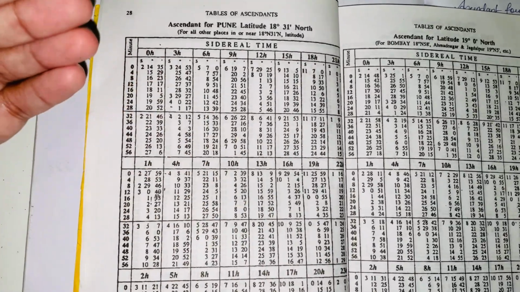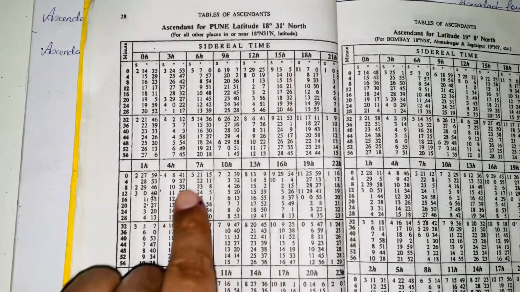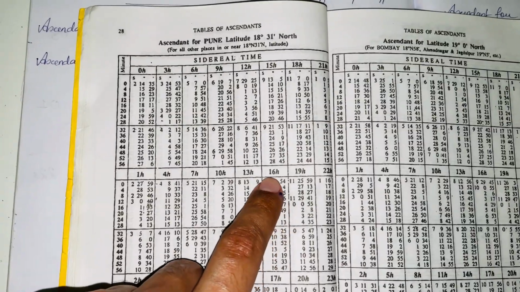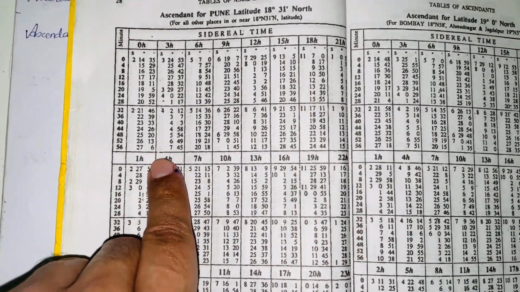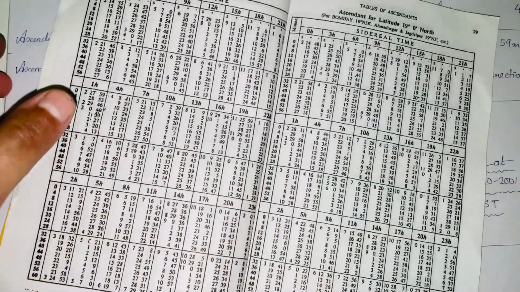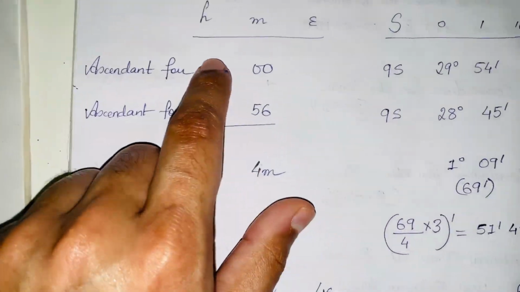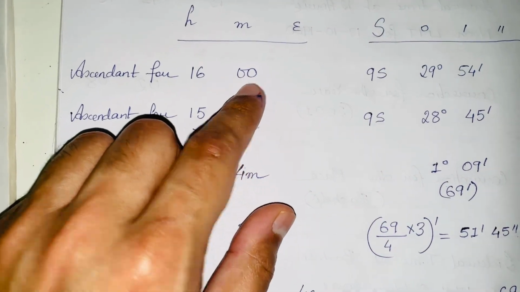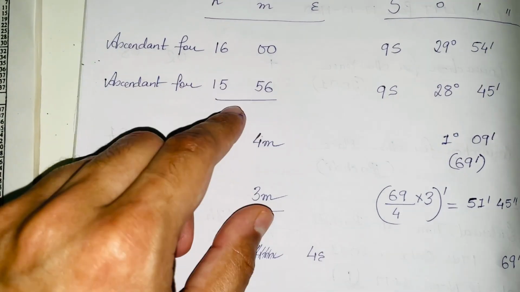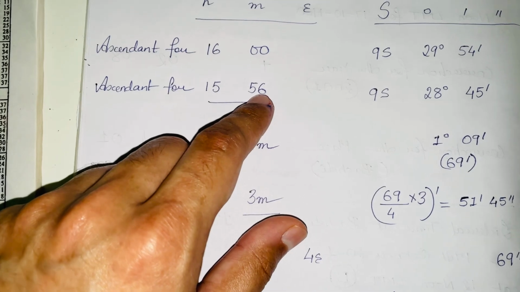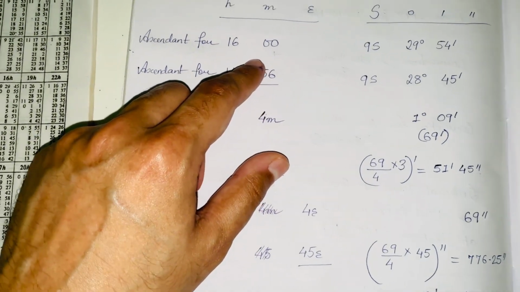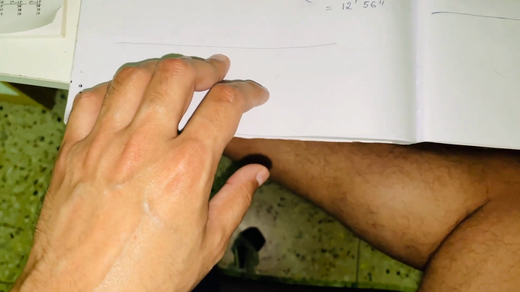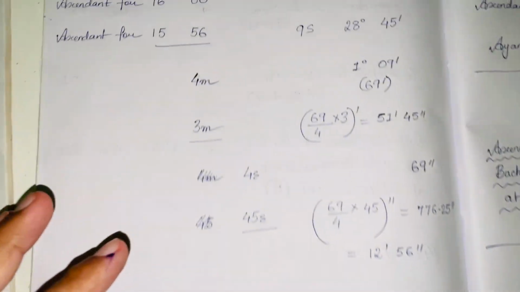It is between 16 hour 00 minute and 15 hour 56 minutes. So our topmost value will be 16 hour 00 minute, and the bottom value will be 15 hour 56 minute, because 15 hour 59 minutes will be in between these two sidereal times.